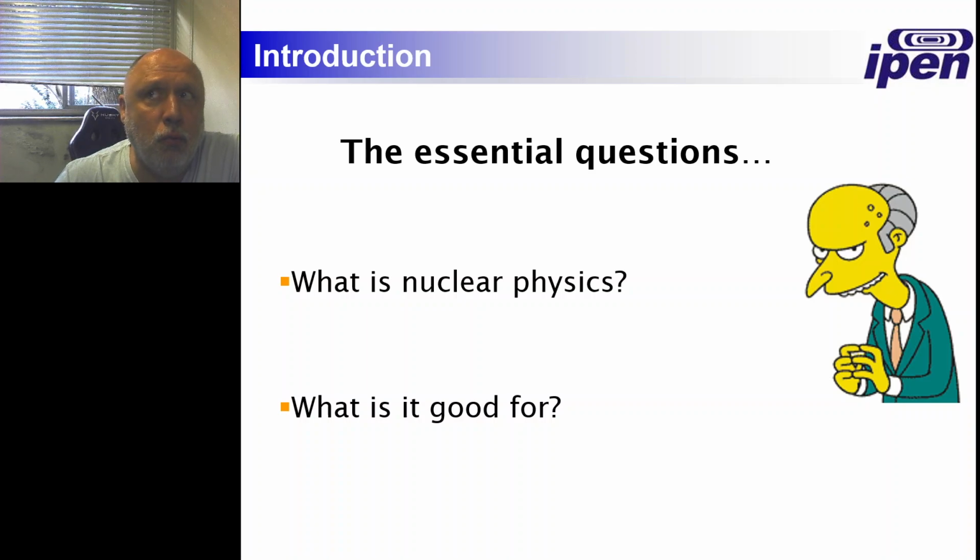But as I want to show you through this course, and especially in the last class, there's much, much more than that, right? Essentially, nuclear physics and the interaction of nuclear radiation and matter have to do with the way we pack things, the way we preserve things, the way we analyze things.